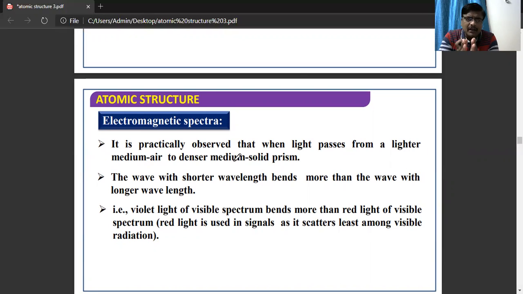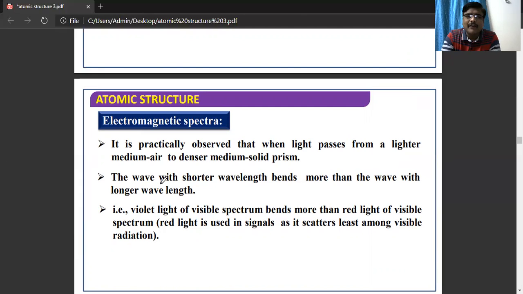Now coming to the electromagnetic spectra, spectra is the plural form of spectrum. This can be observed when light passes from a lighter medium to a denser medium. When light passes from a lighter medium to a denser medium, we can find this kind of spectrum, that is the electromagnetic spectrum.